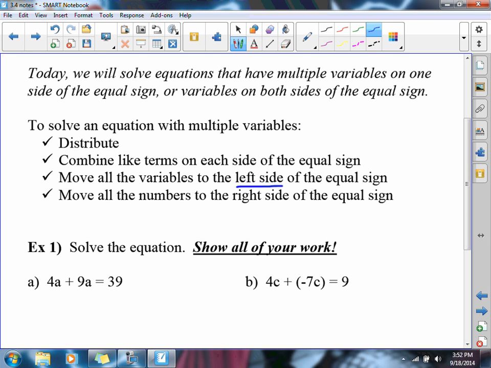So move all the variables to the left side, and then move the numbers to the right side. Then we should have a one-step equation that we'll have to finish solving. We might have to divide or multiply or undo some addition or subtraction. As we go through our examples, I'll clarify these last two steps and how you can know which direction, or to which side of the equal sign, to move variables.